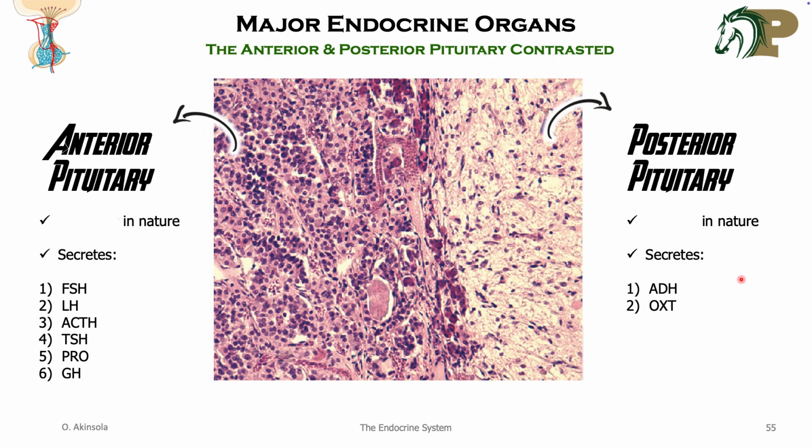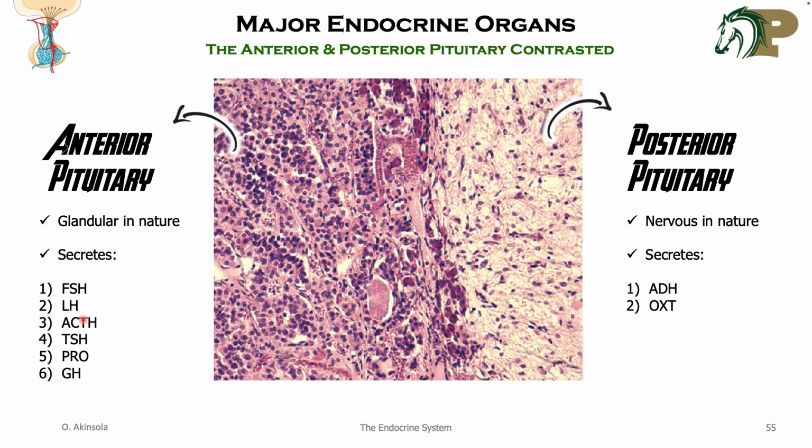So if we look here at the tissue section of the anterior and posterior pituitary, the anterior pituitary is going to be glandular in nature. We already talked about these six hormones over here that they will produce. And the posterior pituitary is going to be more nervous in nature because, as stated before, it is an extension of the hypothalamus, which is part of the nervous system.